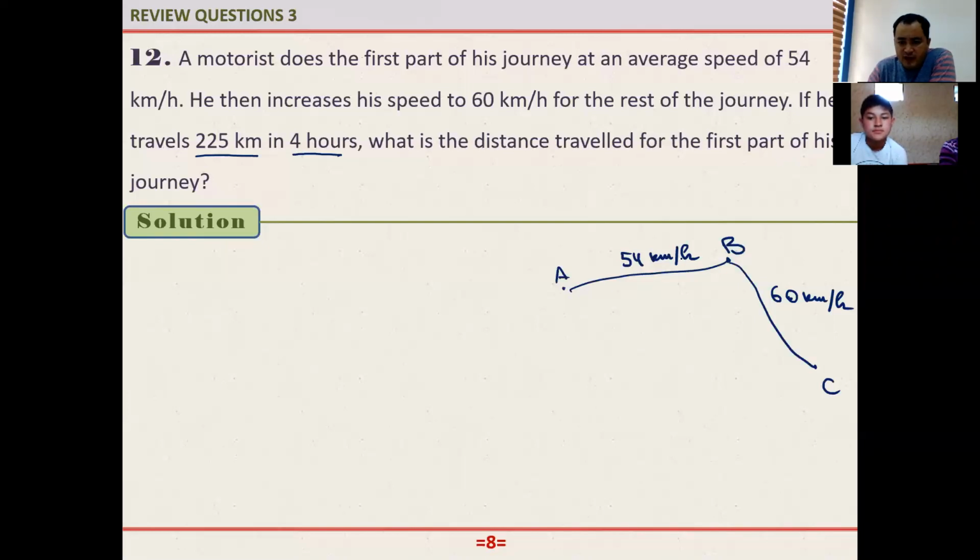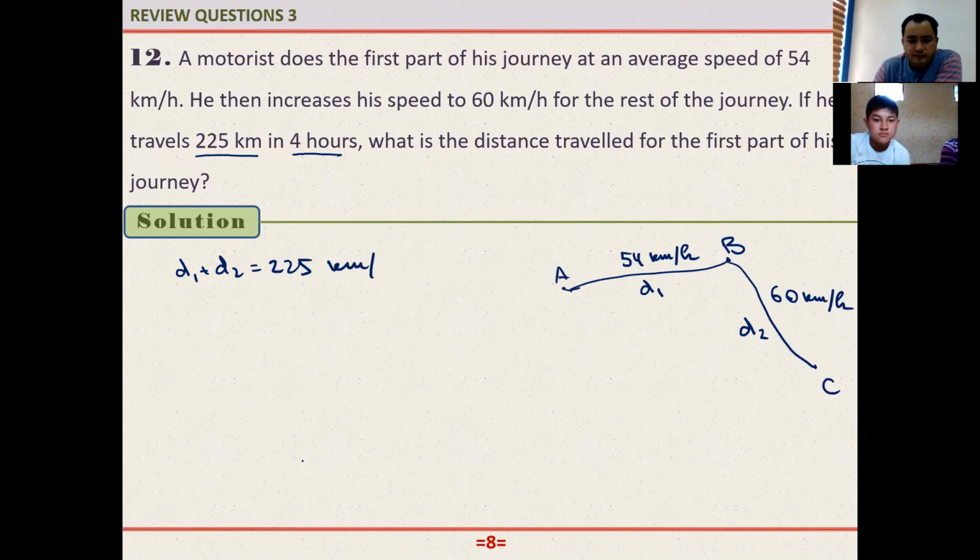Okay, so let's say from A to B, this journey is D sub 1, and from B to C, D sub 2. What is given here? D sub 1 plus D sub 2, the total distance, 225 kilometers. Let's say he spends T hours for this journey.